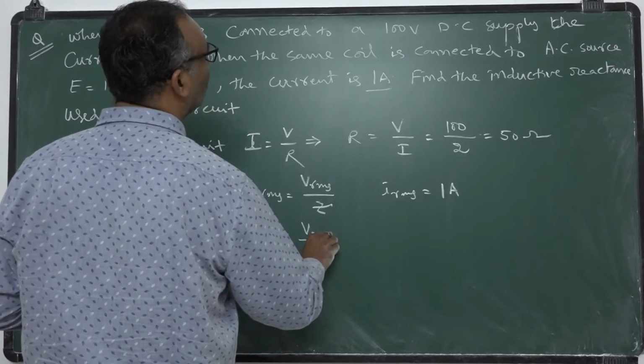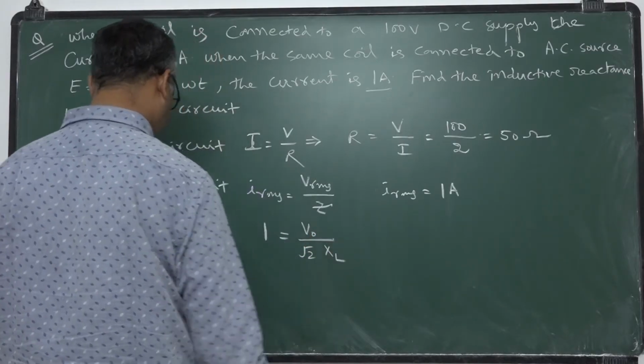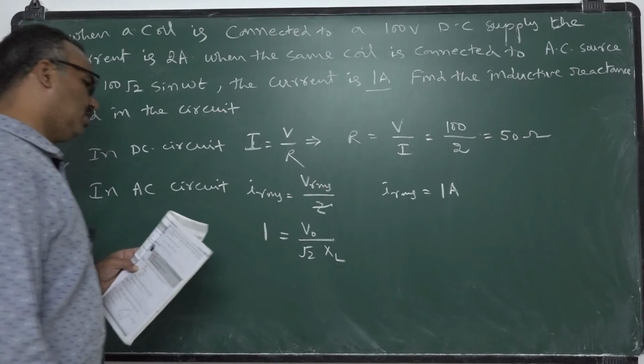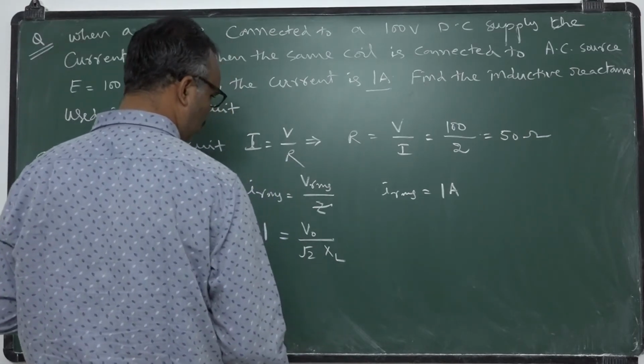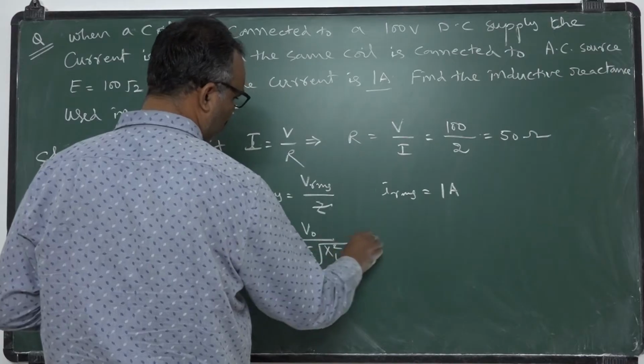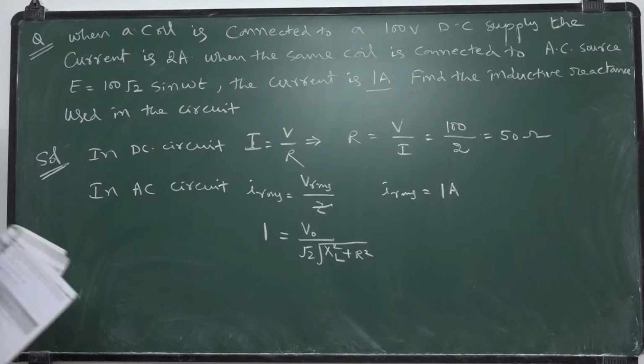and the coil is only connected here, so the impedance comes from the reactance as well as the resistance. So you should take the square root of XL square plus R square as the formula for impedance.